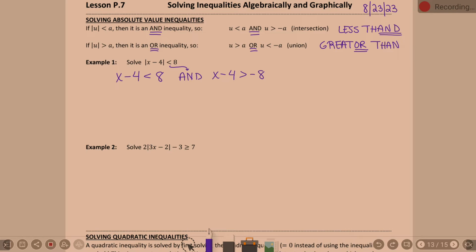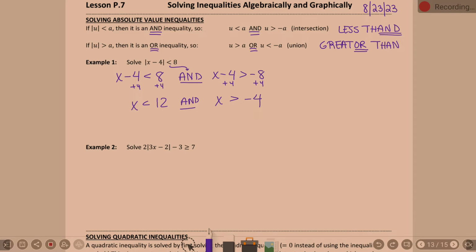You can solve those, yes? If it's x minus 4 less than 8, we add 4 and get x less than 12. And if it's x minus 4 greater than negative 8, I add 4 and get x greater than negative 4.